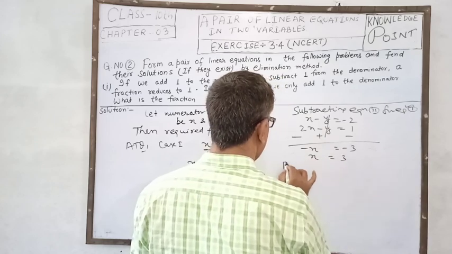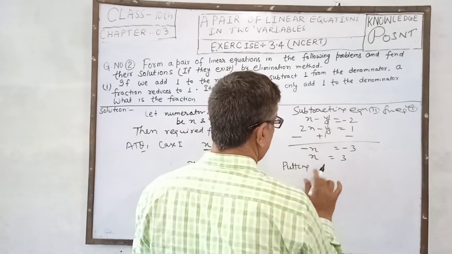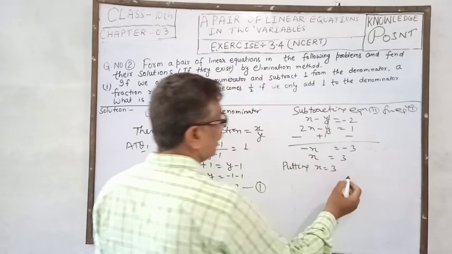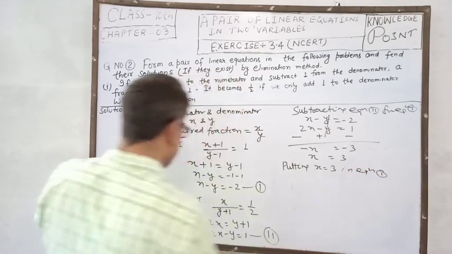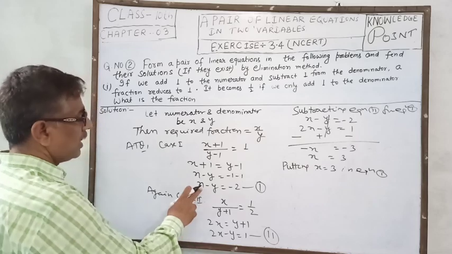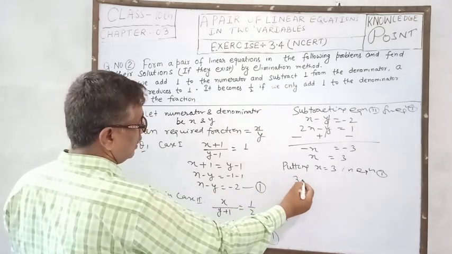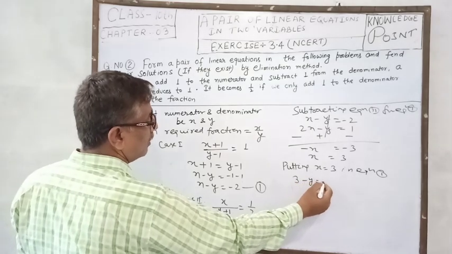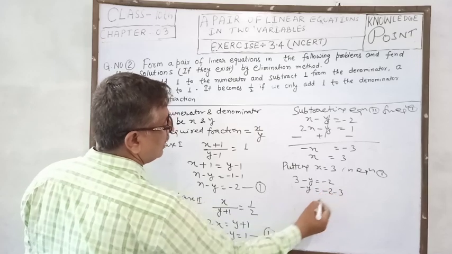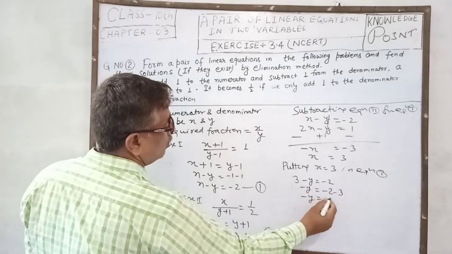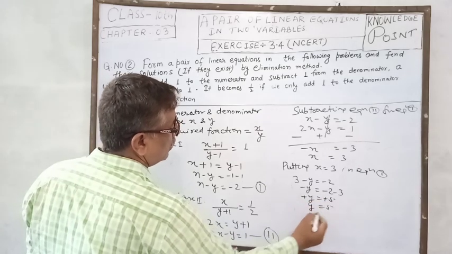x equal to 3. Putting this value x equal to 3 in equation first, x minus y equal to minus 2, that means 3 minus y equal to minus 2, minus y equal to minus 2 minus 3, minus y equal to minus 5, so y equal to 5.